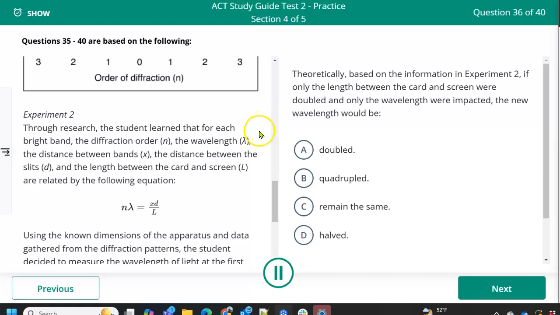All right, the length, so n, what is n? N is the diffraction order. I don't think we're interested in that. Lambda is the wavelength. All right. Distance between bands, we are not interested in. Length between the card and screen, we are interested in that, and that is L. What is D?